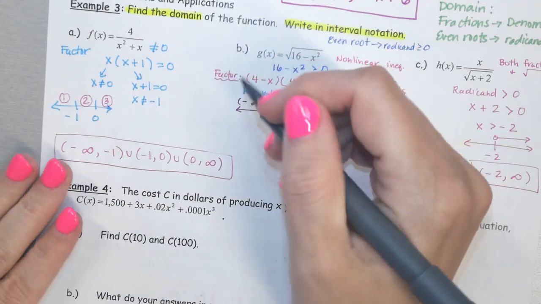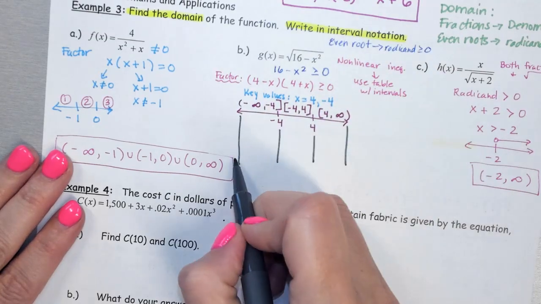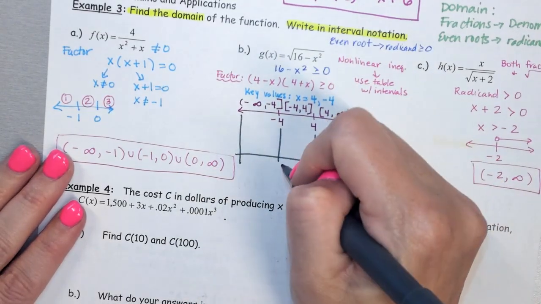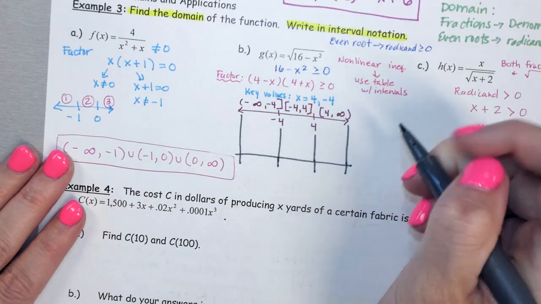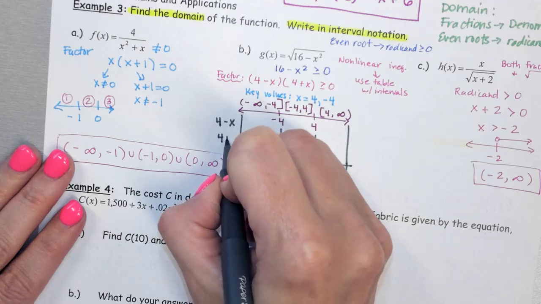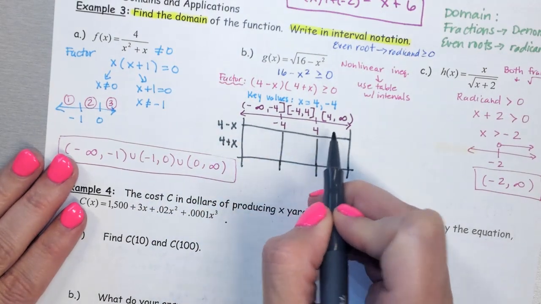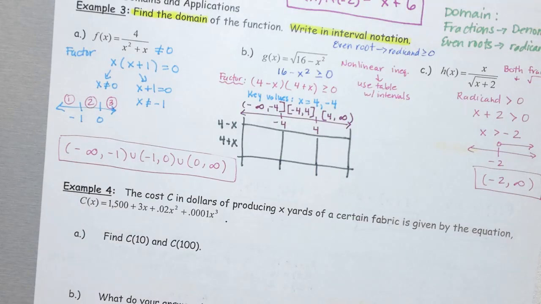Okay, so hopefully you remember when you do this, you have your columns here. You're going to put your factors on the side, so your factors are 4 minus x and 4 plus x. And then at the top, I'm just going to put my test values.